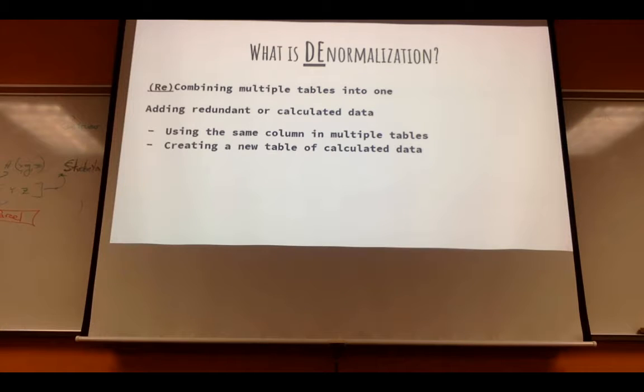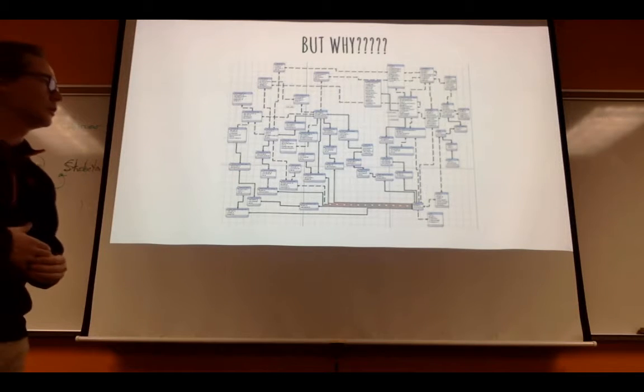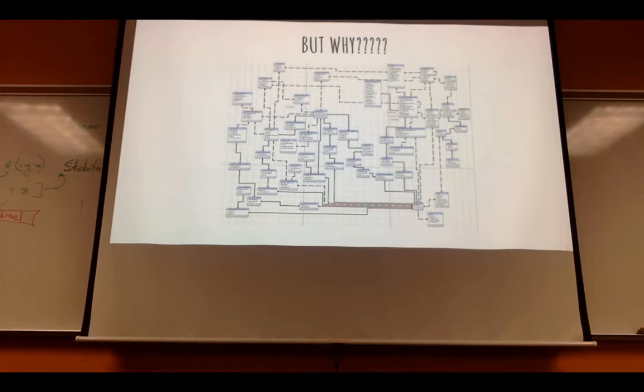So what are some of those reasons? This is not a typical ER diagram. I would call this a medium-sized database, right? It's not small, but it's certainly not the biggest.